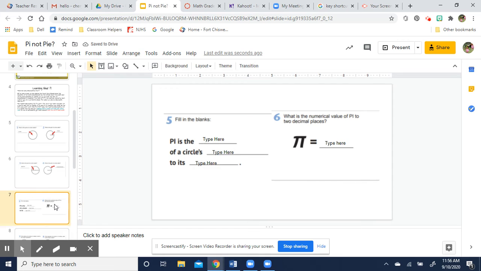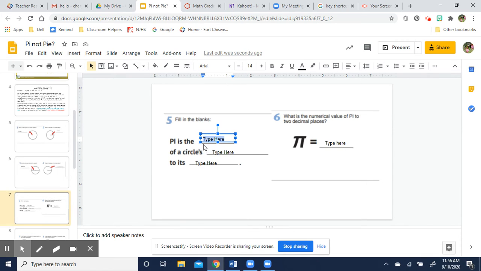In our next slide, they want you to fill in the blanks. Pi is the measurement, it is the ratio of a circle's circumference to its diameter.